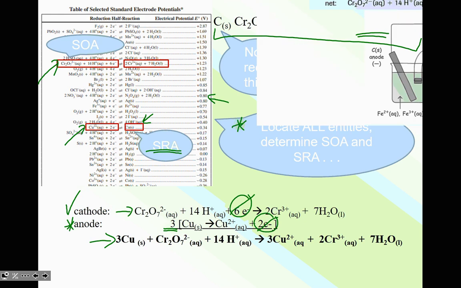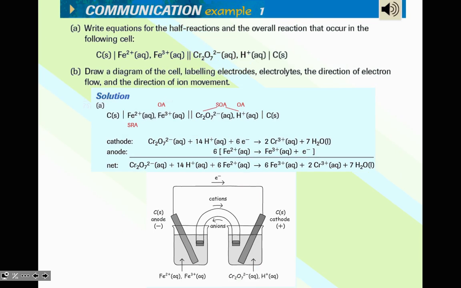So it's kind of fun. Here's a little example. Write equations for the half reactions and the overall reaction that will occur in the following cell. You're going to list all of your entities. In this case there's an inert electrode. Oh, look at this, there's another inert electrode.